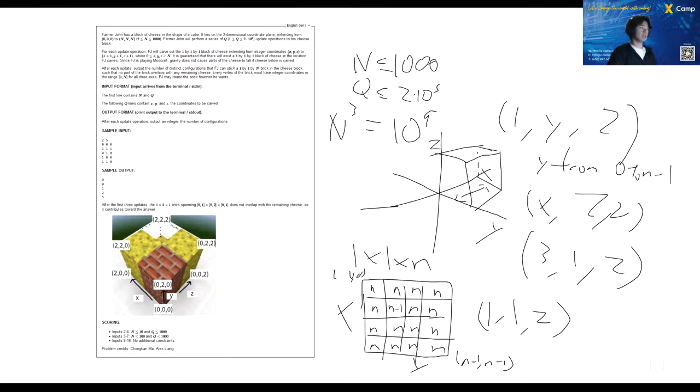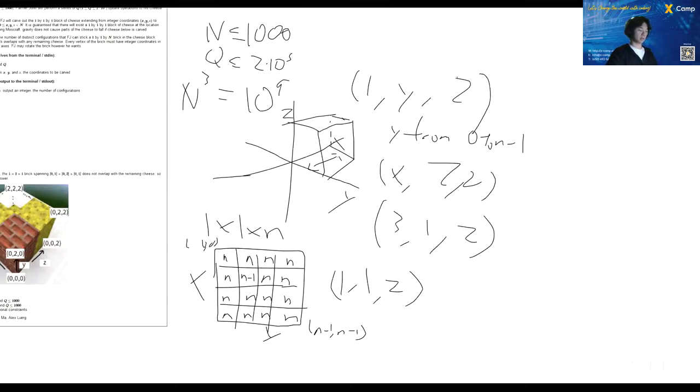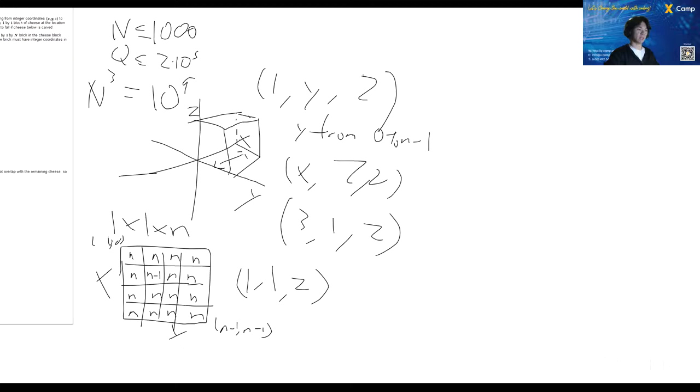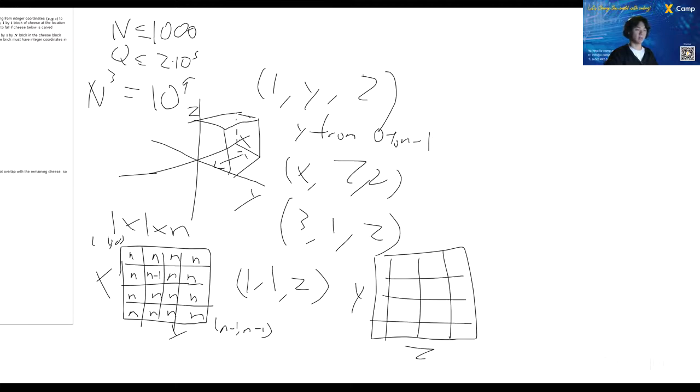So now instead of having to simulate the whole array, all we have to do is simulate the 3 planes. We have the XY plane that I've already drawn, and then a similar, symmetrical YZ plane where looking into the page is the X direction. Every single one of these also starts off as n by n by n.